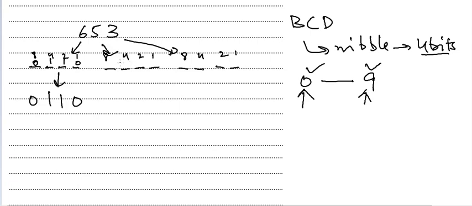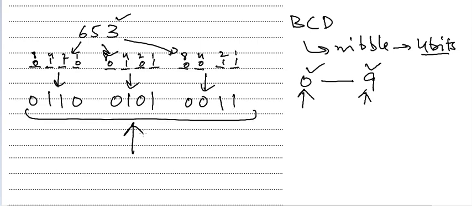We want to write 5. So 1, 0, 1. 4 plus 1 is 5, and this is also going to be 0. So this is 0, 1, 0, 1. And how about 3? 3 is 2 plus 1. We are not going to use these, so this is 0, 0, 1, 1. So that's your answer in BCD.